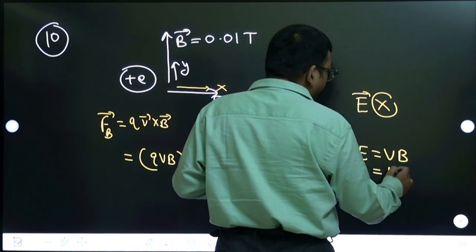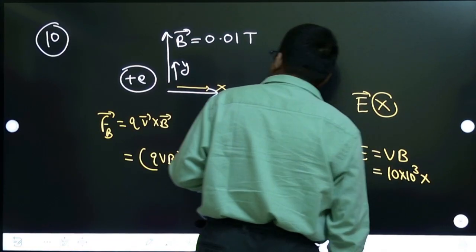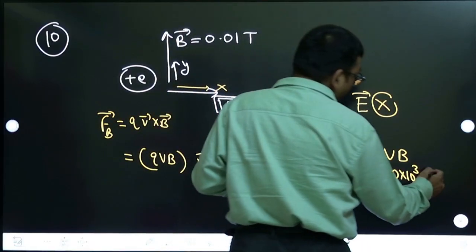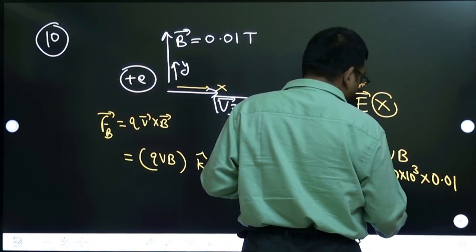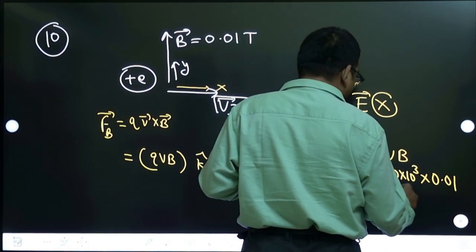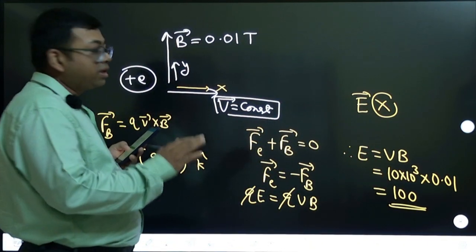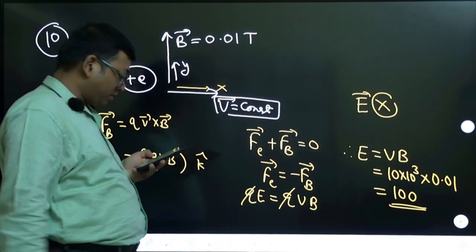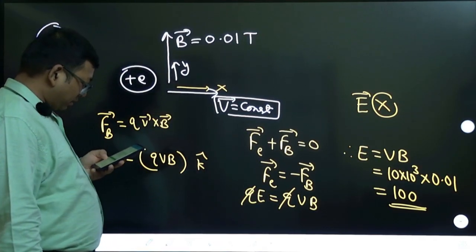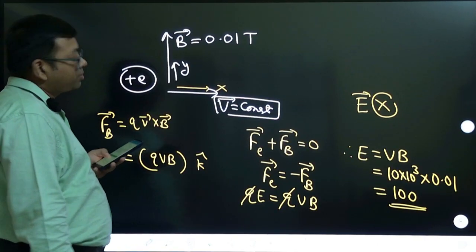So 10 kilometer means 10 into 10 to the power 3 meter per second, and the magnetic field is given as 0.01. So this becomes 100. So the electric field value in SI unit is 100 and it is inside. Now check: electric field is 100 volt per meter in negative z direction. Yes, that option is option P.